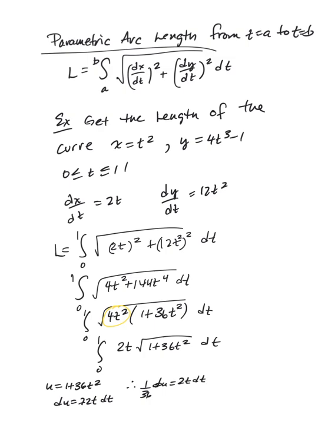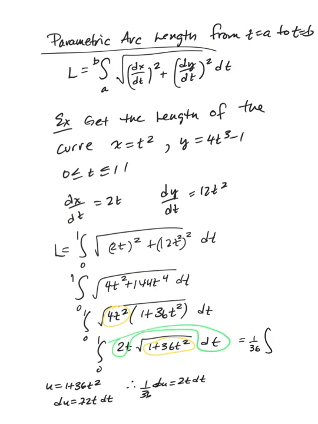All right, so I have this 1 over 36 is going to replace 2t dt. And then this inner function here is going to be replaced by u. So what does that give us? That gives us 1 over 36. Change the bounds of integration.